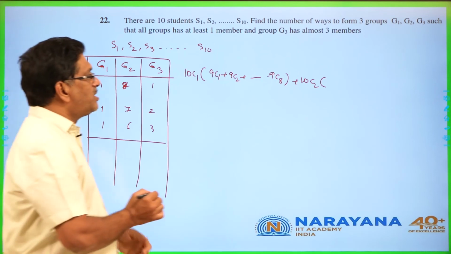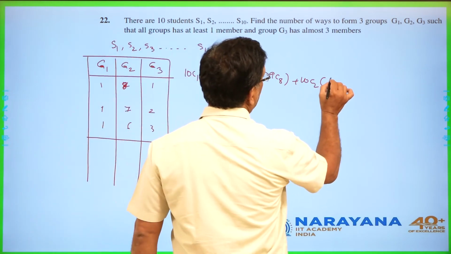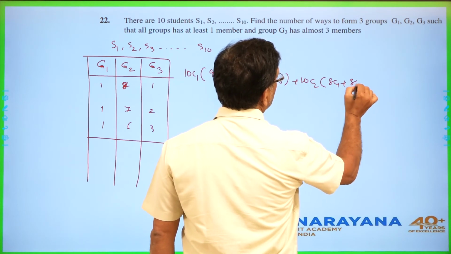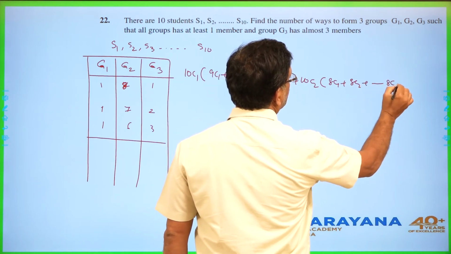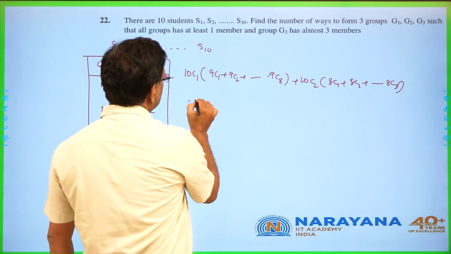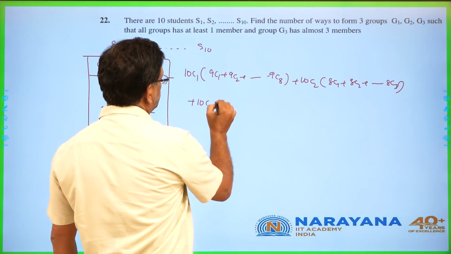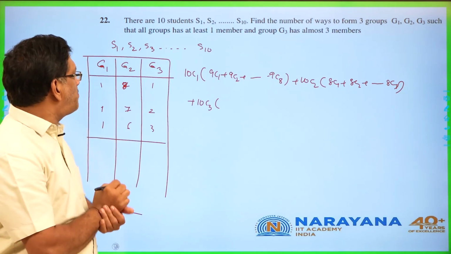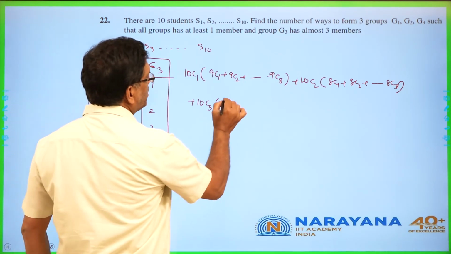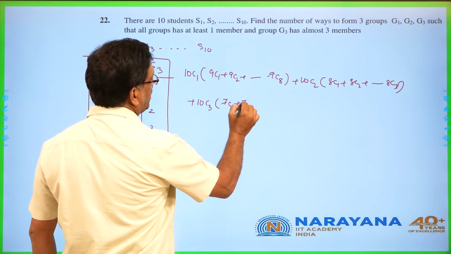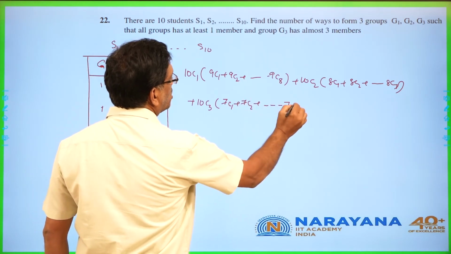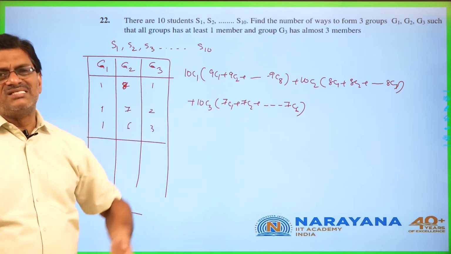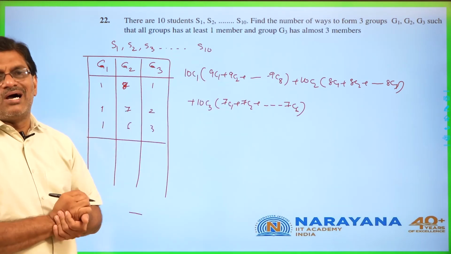Now, here 2 are over. Next 8C1, next 8C2, and it will go up to 8C7. Let us say I am selecting 3 members for the third group. Then from the remaining 7, 7C1, 7C2 up to 7C6 for any one of the groups. Just simplify this and you will get the answer.